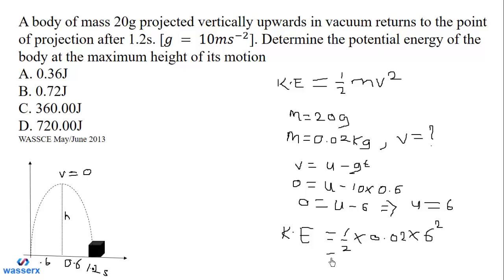So we need to simplify this to obtain half of 0.02 times 36. And when we simplify this, we obtain 0.36 joules. So the correct answer is option A.